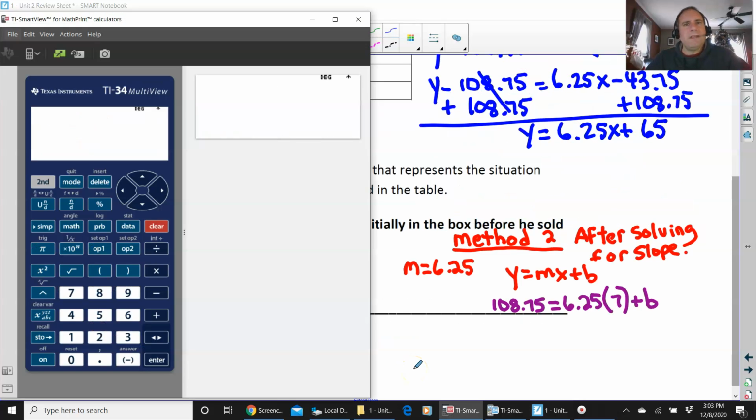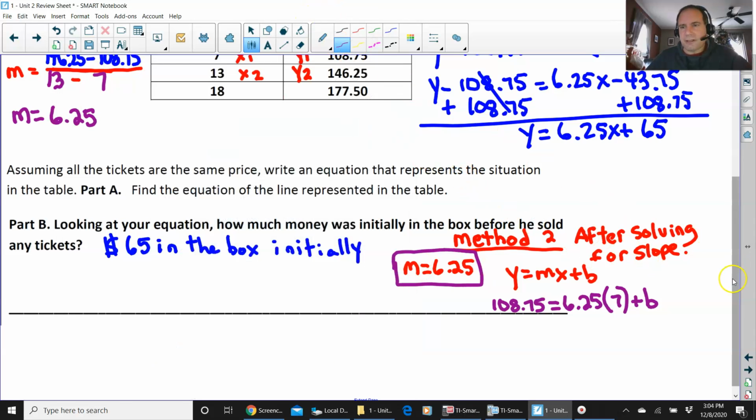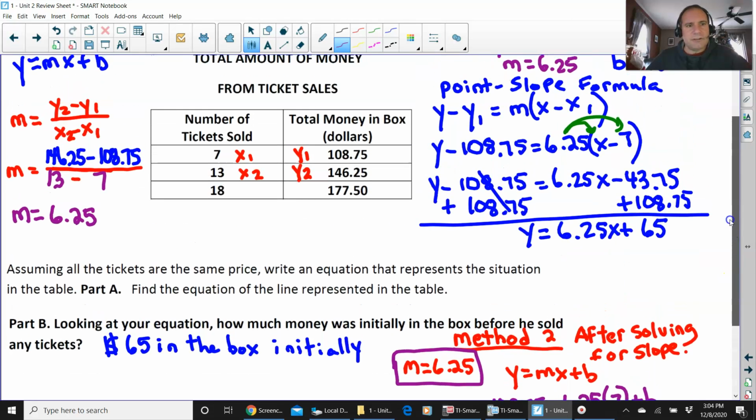All right, so we haven't gone over this yet in class, but this is another method. Whenever you're looking for the y-intercept, you could actually use y equals mx plus b instead of the point slope formula. After you solved for slope, right? So after we did the first method, the first thing that we did was actually solve for slope.